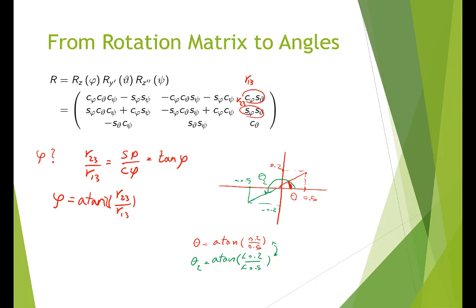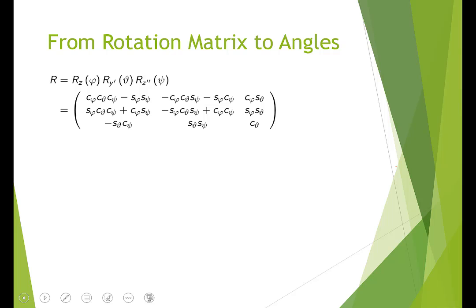Now, how can we get the rotation around y? Let's try to calculate that. We prefer to work with arctan2 for the reasons that I explained. For instance, if you look at this element, you can take the arc cosine to find nu.